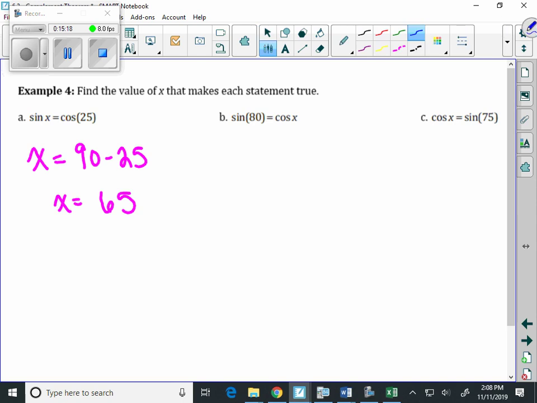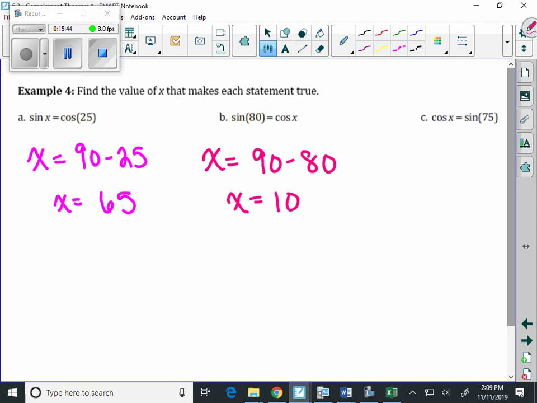It's the same idea on letter B. We've got sine of 80 equals cosine of x. We want to figure out what x is. The complementary theorem says that x is going to be 90 minus 80. So x is going to be 10 degrees.